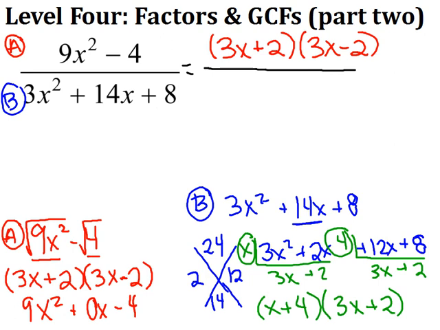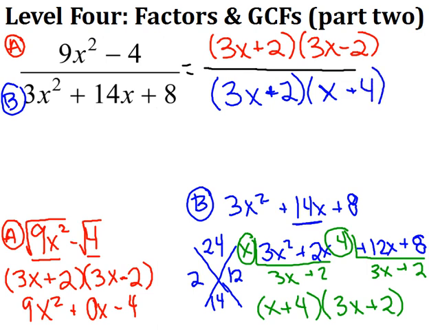Now we like when things start looking the same. I'm going to change the order up just a little bit. That's okay. You can always switch them because they are multiplying. That's the commutative property there.